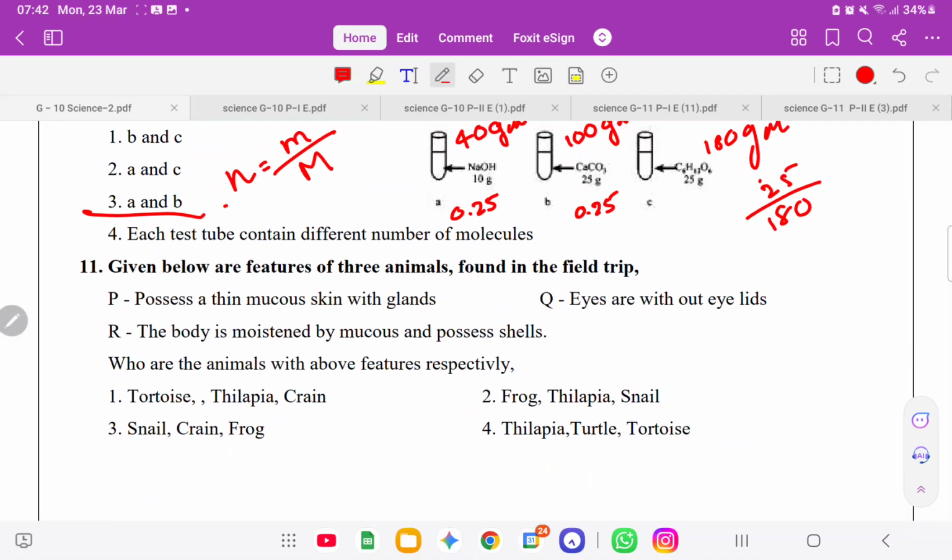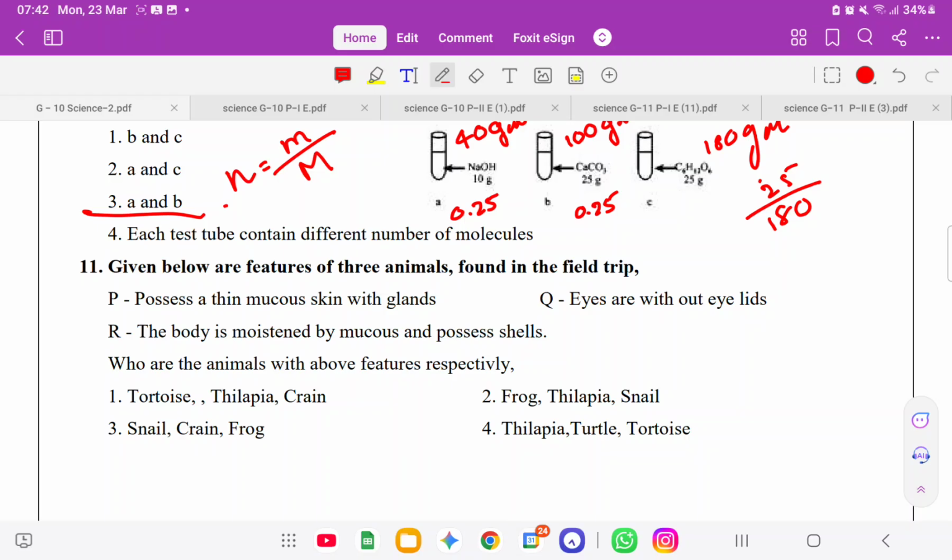Then the 11th one: given below are features of 3 animals found on a field trip. Possess a thin mucous skin with glands, eyes are without eyelids, and a body moistened by mucus and possessing shells. These are 3 animals, right?